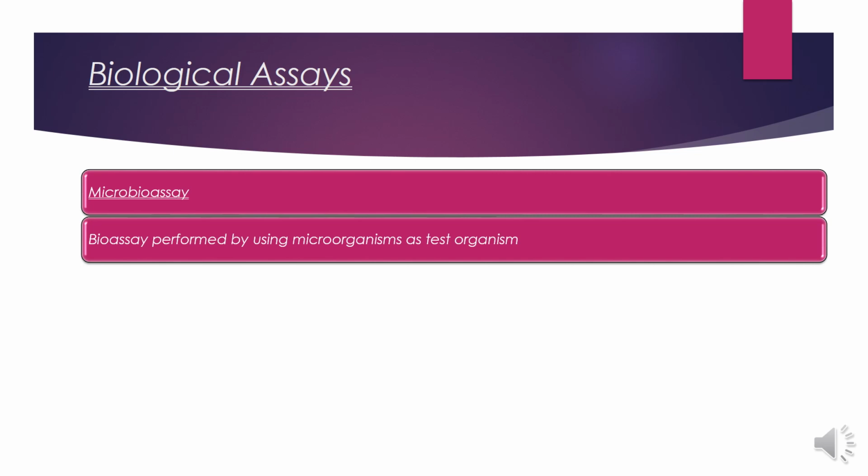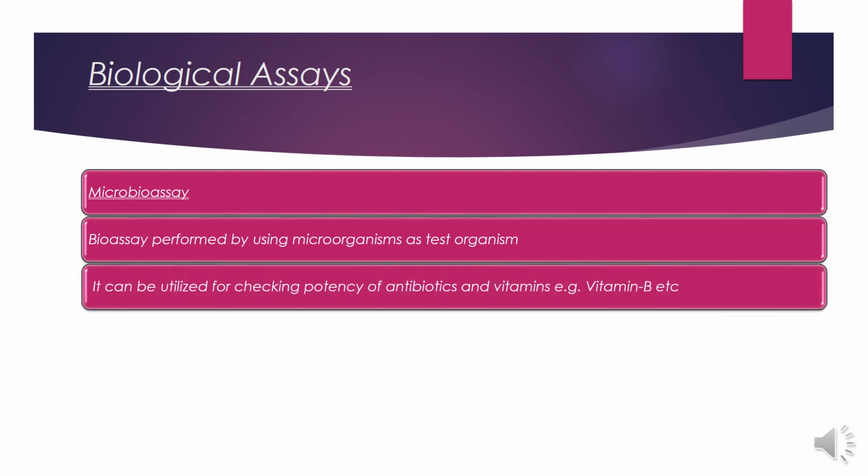But as only microorganisms are being employed, we say microbioassay. This method can be utilized for checking potency of antibiotics and vitamins, especially vitamin B. The microorganisms are used for these two things, and that's why it's termed microbioassay.